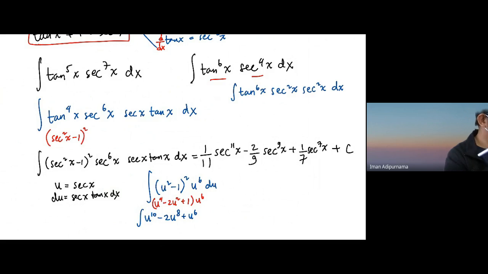Because we want to substitute tangent to cancel the secant squared, we need to change the secant squared to 1 plus tangent squared.